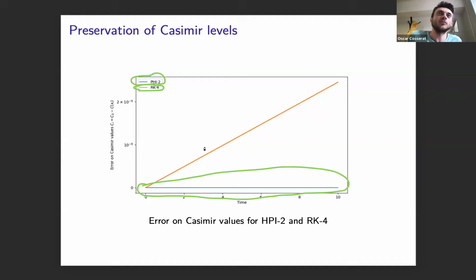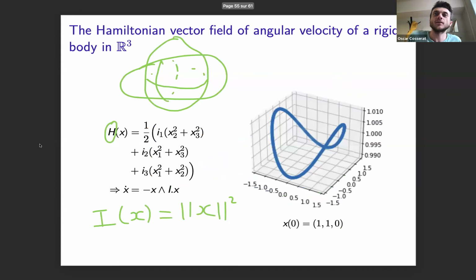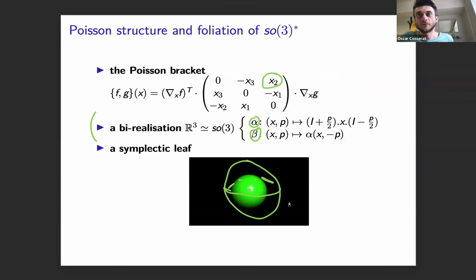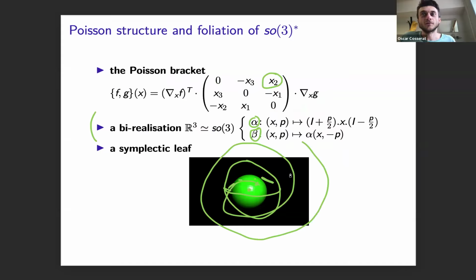Let me tell you again what it means if I come back to the picture. For the Runge-Kutta method, if you start at a point on the sphere, it means that eventually you will run away from the sphere and run to infinity, while the Hamiltonian trajectory is supposed to remain on the sphere.